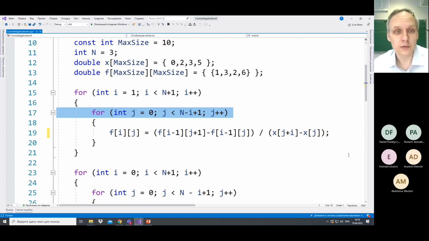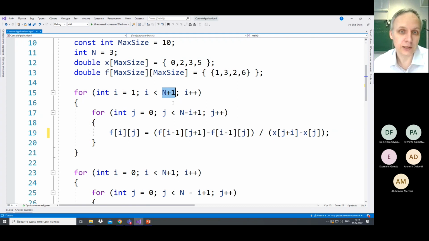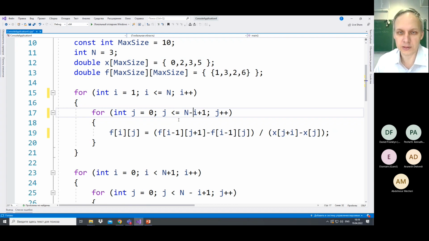First loop, from i equals 1, i smaller than n plus 1, or I can write i smaller or equal n, and here also smaller or equal. How to compute the divided difference?